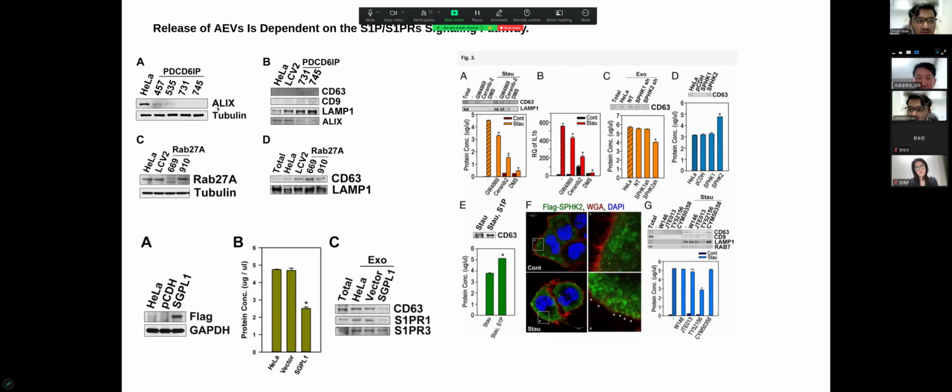When they were knocked down from the cell, it was found that they had almost no effect on the exosome release. So it means that there is some other part of the cell or membrane that is controlling the release of these particles.